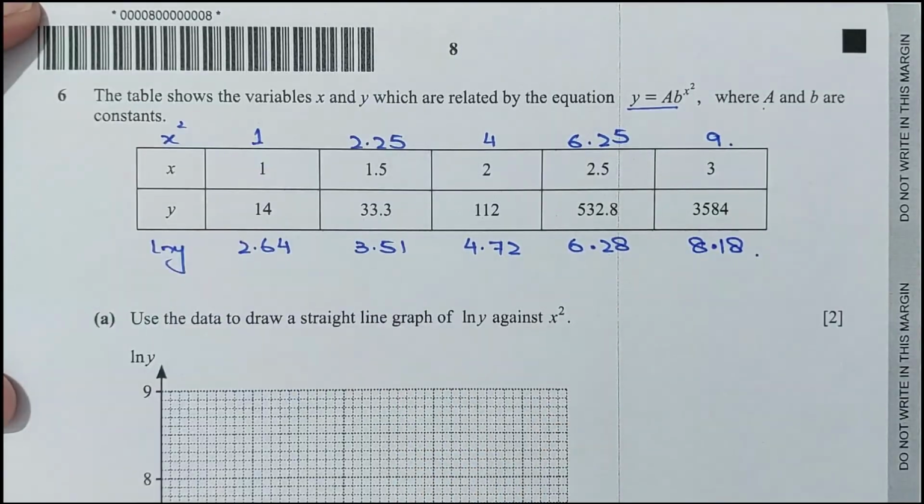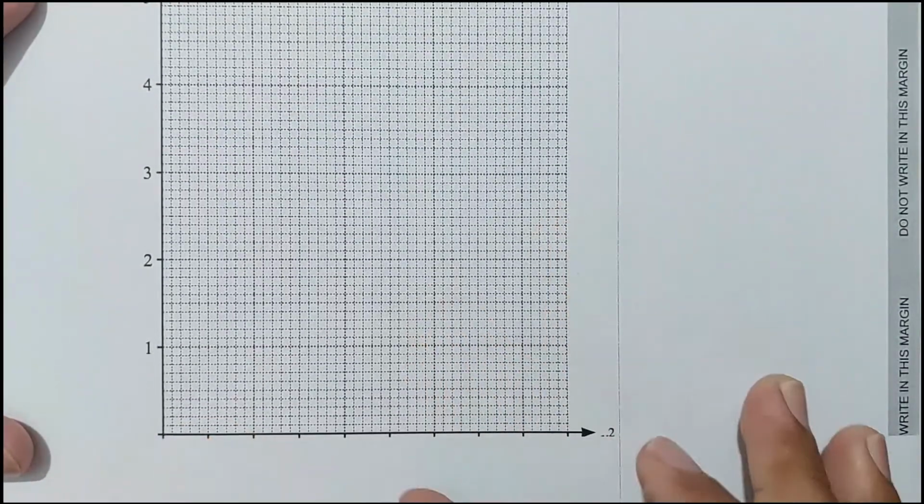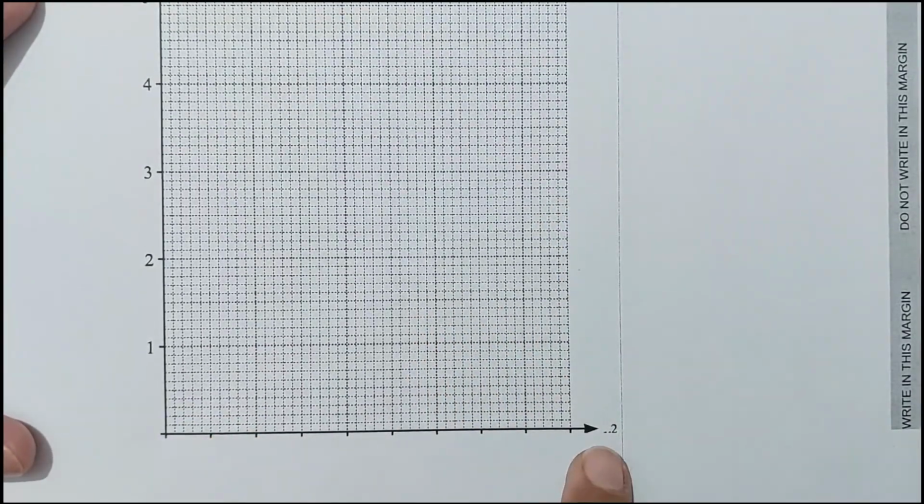Let me draw a straight line graph. Okay, so x square is 1, ln y is 2.64. These are the x square values: 1, 2, 3, 4, 5, 6, 7, 8, and 9. This is my x square.